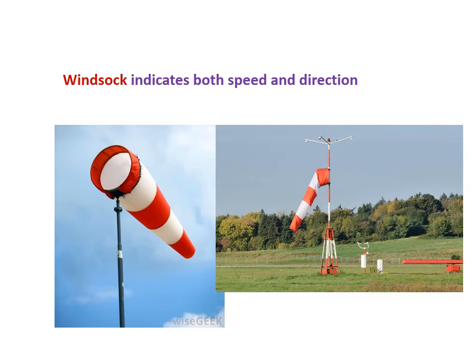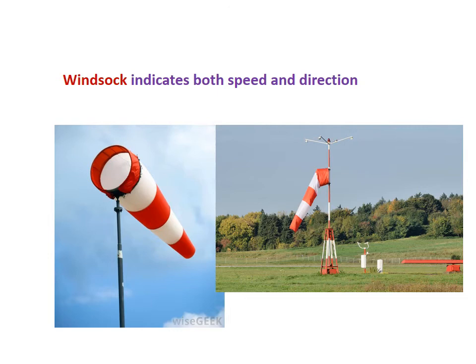So you know the wind direction, as up on the pole to which it is fixed you will also see a north, south, east, west direction indicator. At the same time, how much of the cloth sleeve is being blown by the wind indicates the velocity.